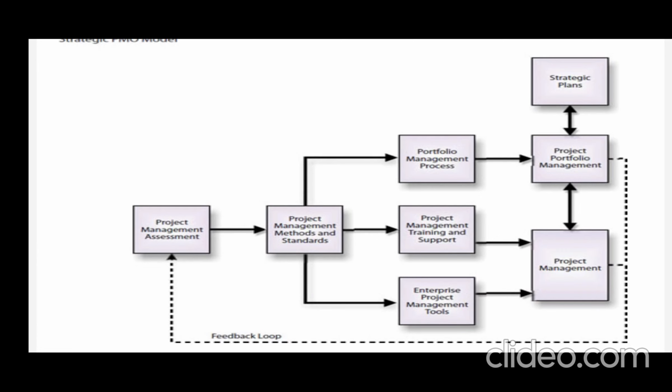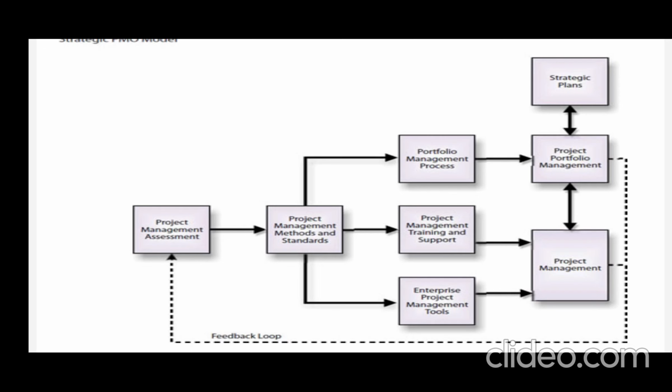From there, three other sub-phases are divided: portfolio management process, project management training and support, and enterprise project management tools. By considering all these three steps, it is again connected with project portfolio management and finally with project management.